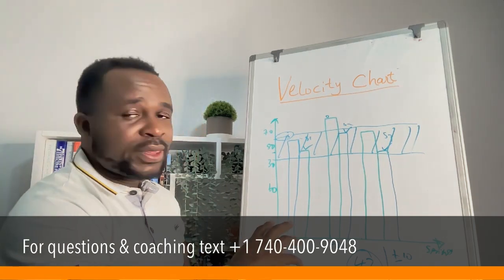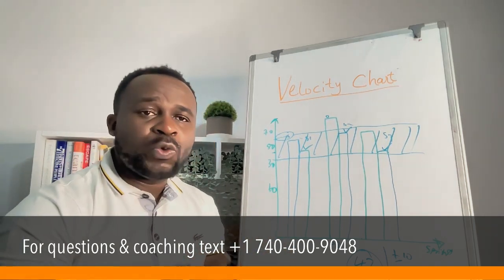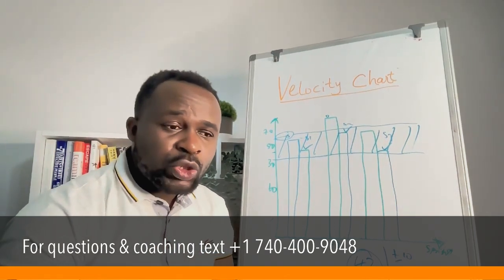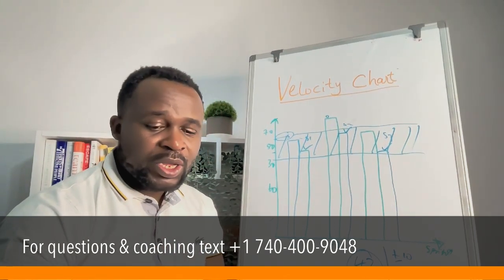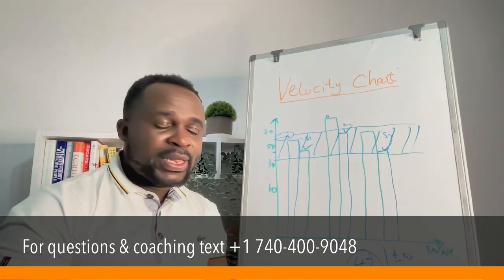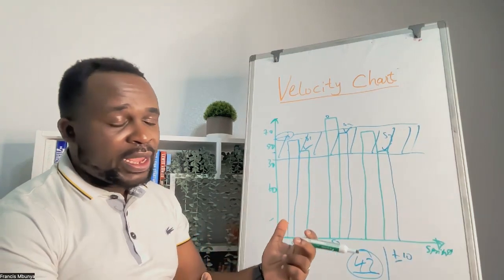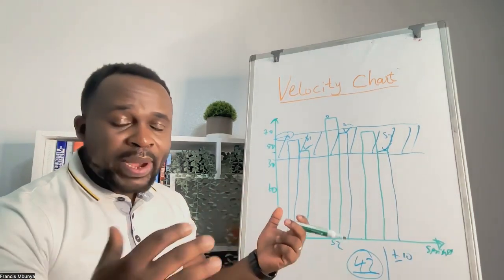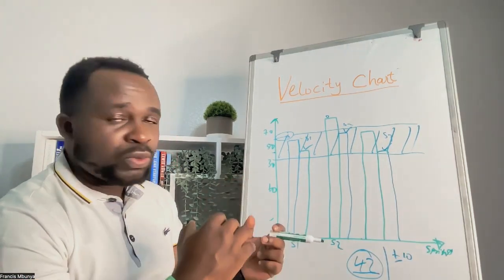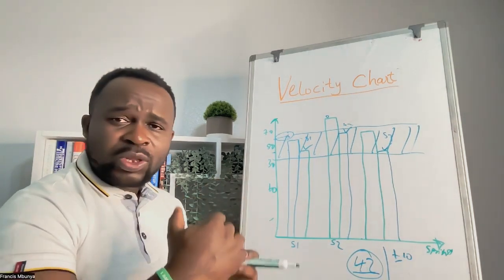So with these, you can have an idea on what your team is capable of doing and how you can continuously guide your team. In order to help your team commit to the right amount of work, you need to understand the average velocity and always give a plus or minus 10 to guide them. If the average velocity is 42, give about 10 story points.